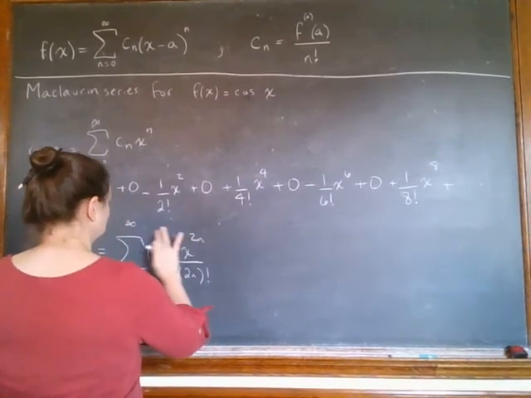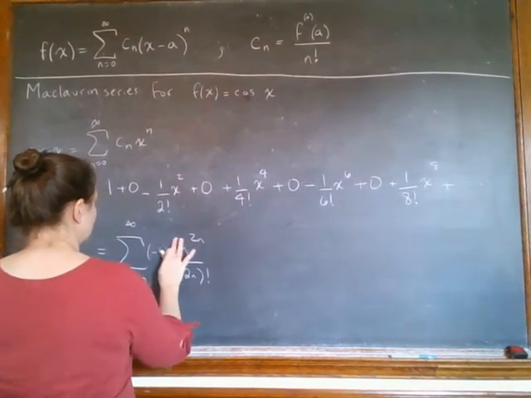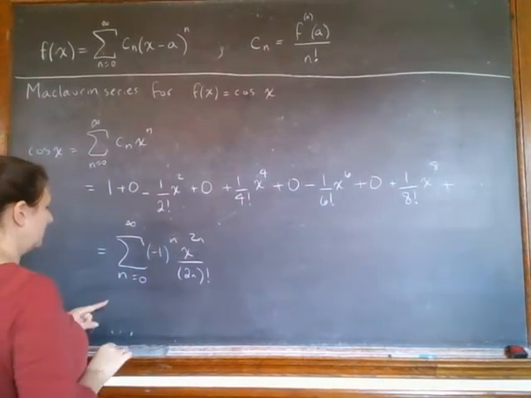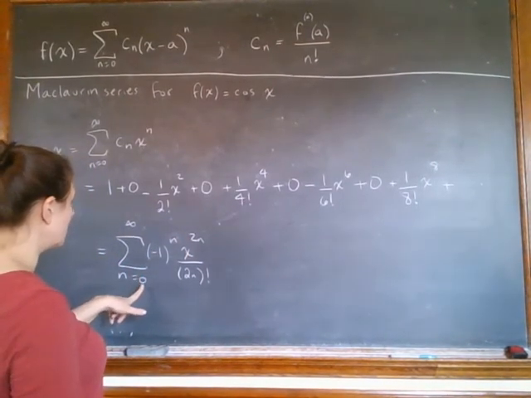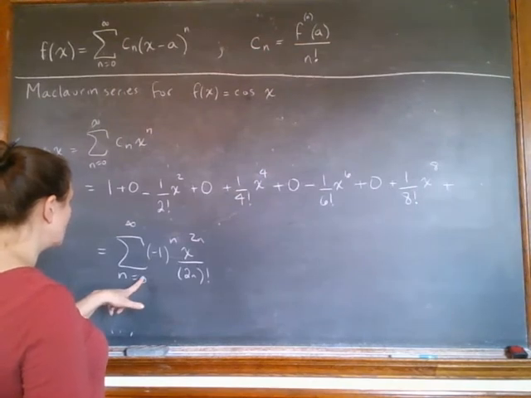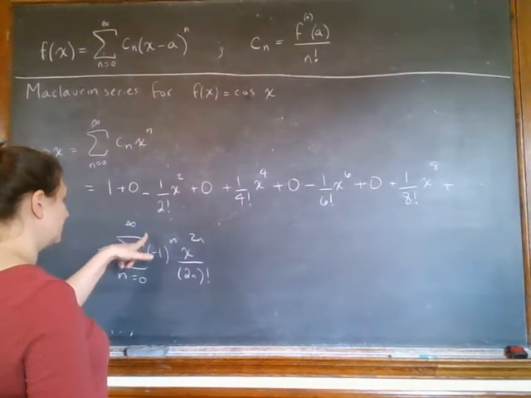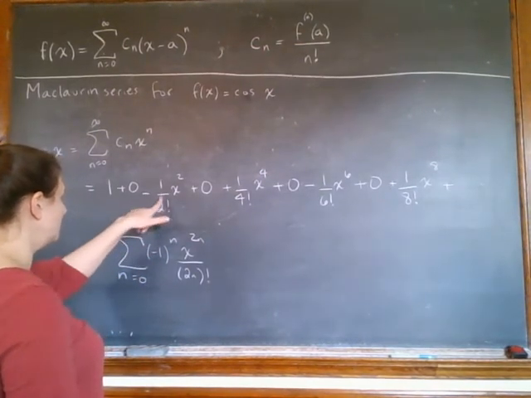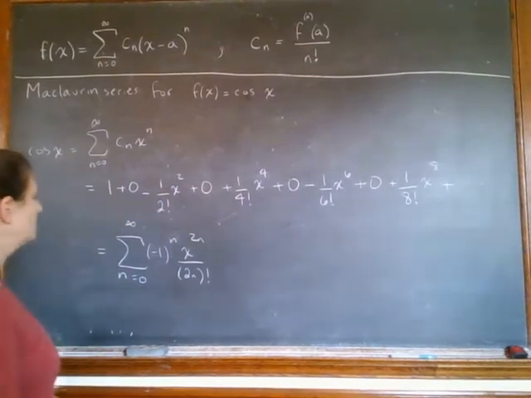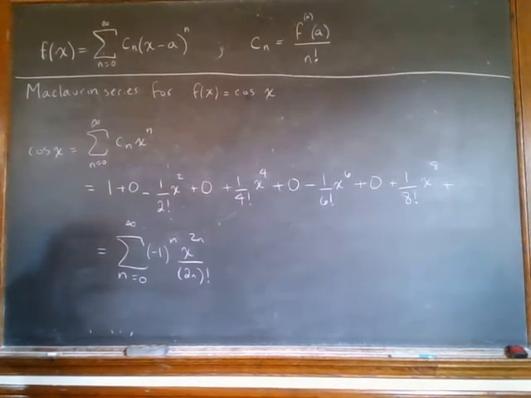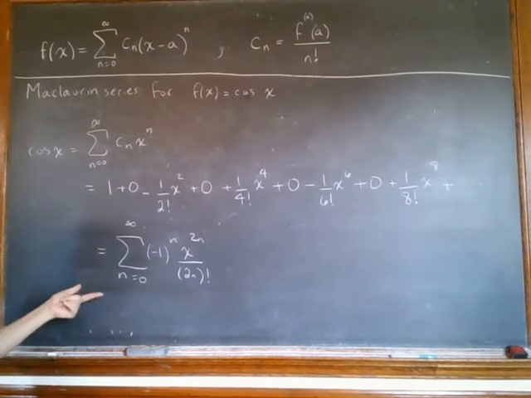Maybe it's minus 1 to the n, right? Because if I'm starting from n equals 0, I need something that is even, and n equals 1 should be odd. So it should be minus 1 to the n. All right, so there we have our nth term formula.